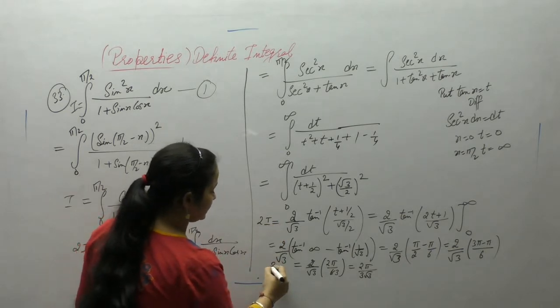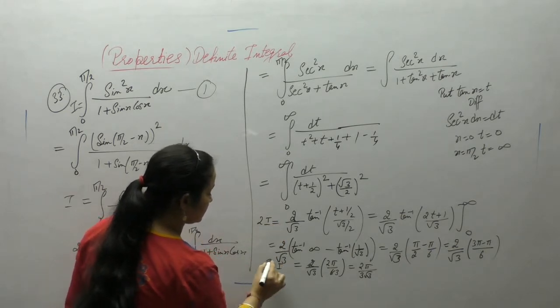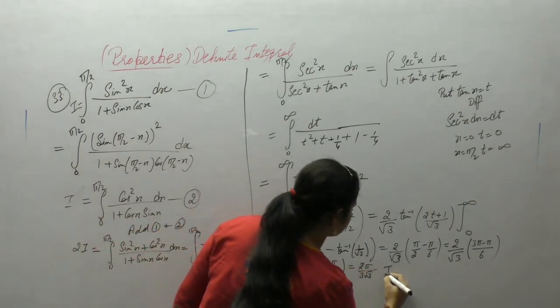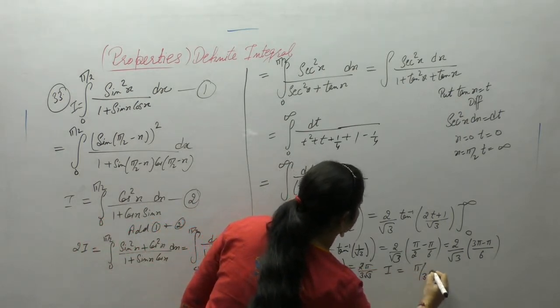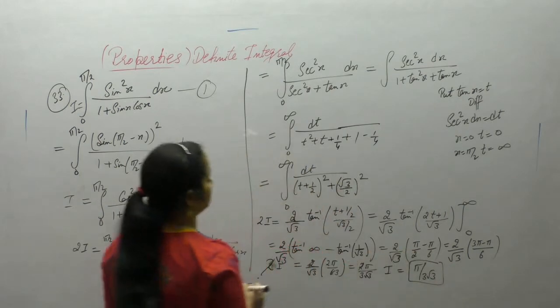Two will cancel. So I is pi upon 3 root 3.